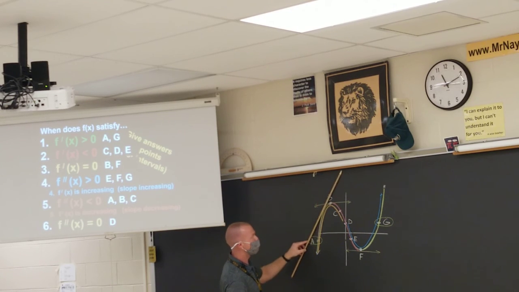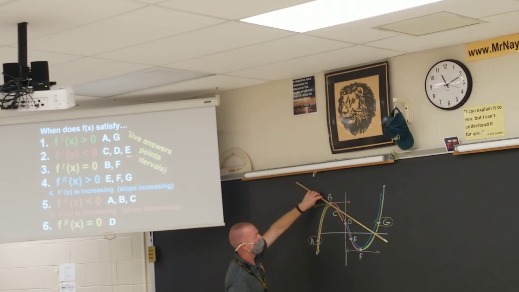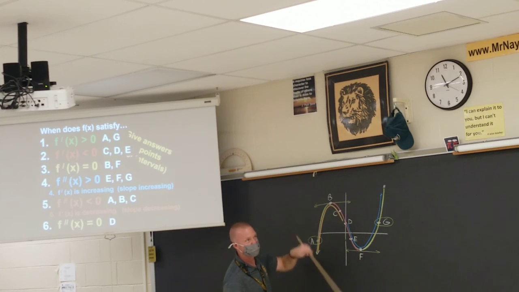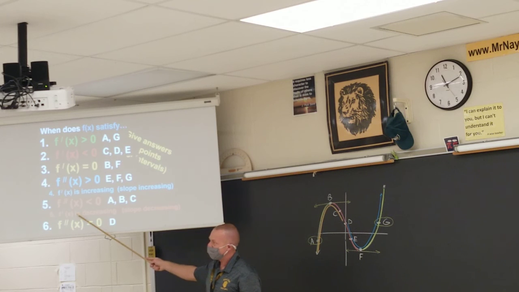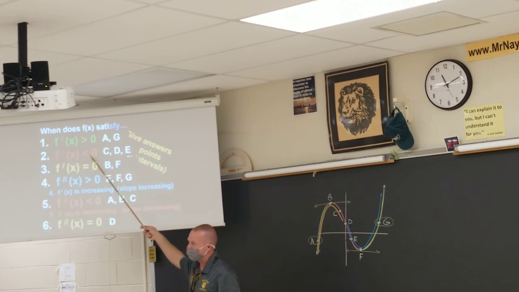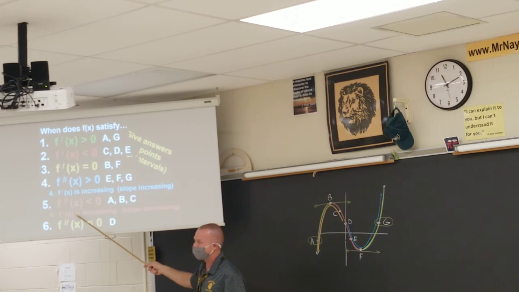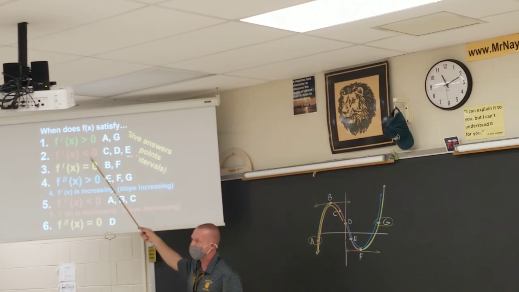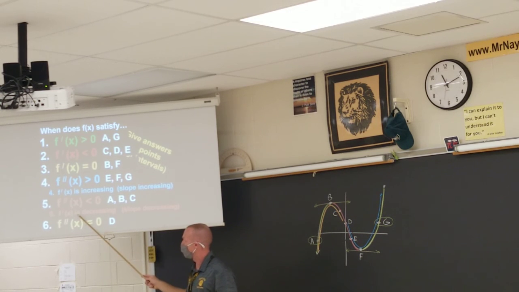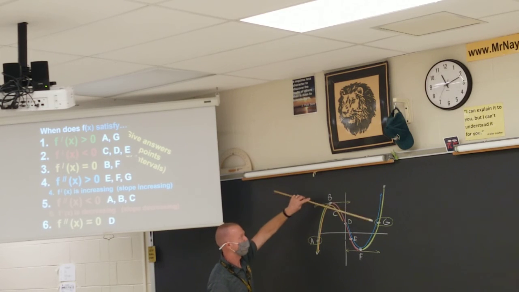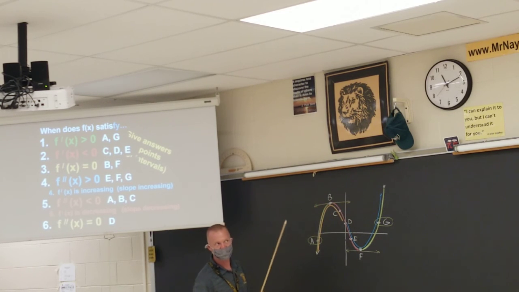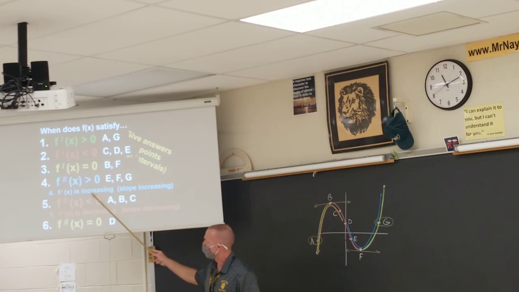Here it's steep, less steep, 0, and now it's becoming negative. So this is not a typo, but it doesn't mean the same thing as the red statement. To say the slope is decreasing is not the same as the slope is negative. Slope is decreasing is talking about these lines becoming more and more negative. And it's just the opposite for the blue section.